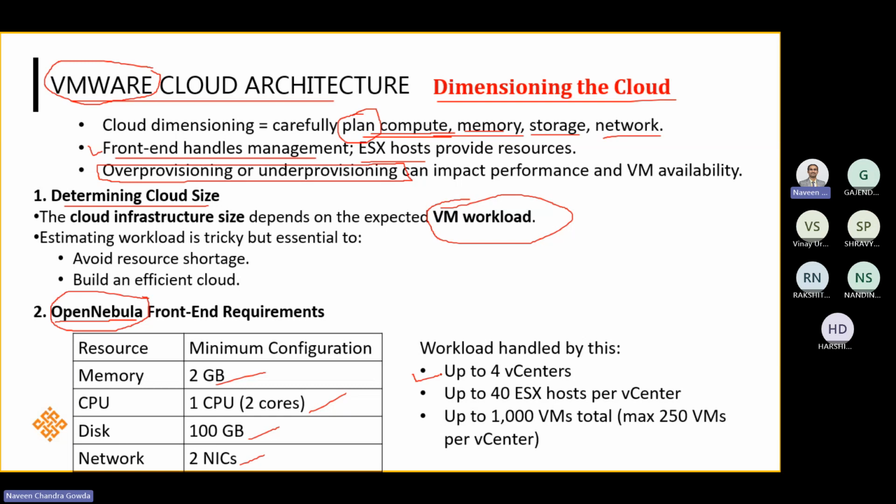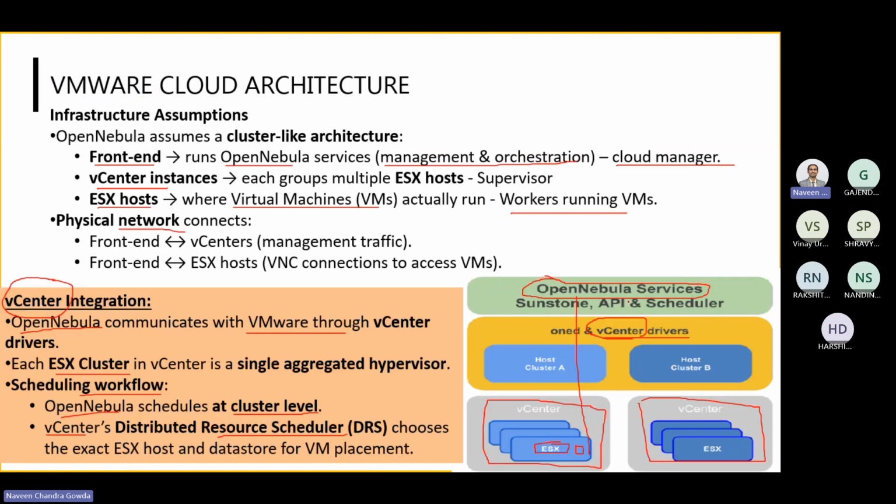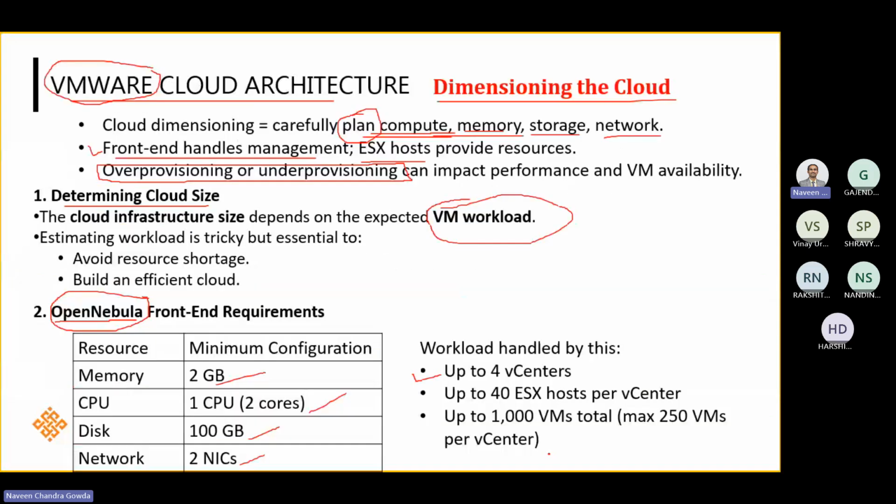As we said in the previous slide, the front end is OpenNebula, and you have vCenters and the ESX hypervisors, and above the hypervisor you are running VMs. OpenNebula assigns the respective tasks, so how many vCenters can it handle? This minimal OpenNebula infrastructure can handle up to 4 vCenters.